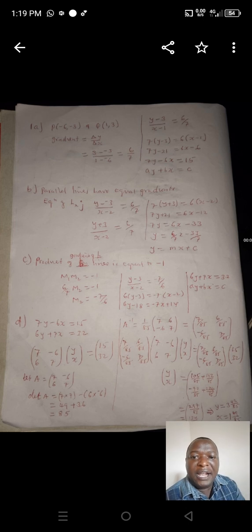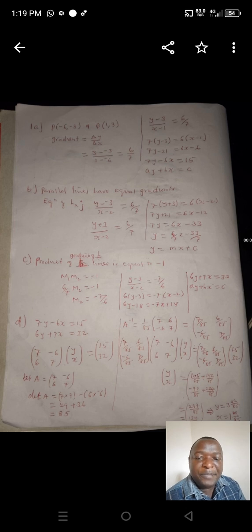So on that line PQ, there's another unknown point (x, y) on it. So we use the coordinates of that unknown point (x, y) and either coordinate of P or coordinate of Q. In this case I have used coordinate of Q. So we take (y - 3) over (x - 1) is equal to that gradient 6 over 7.